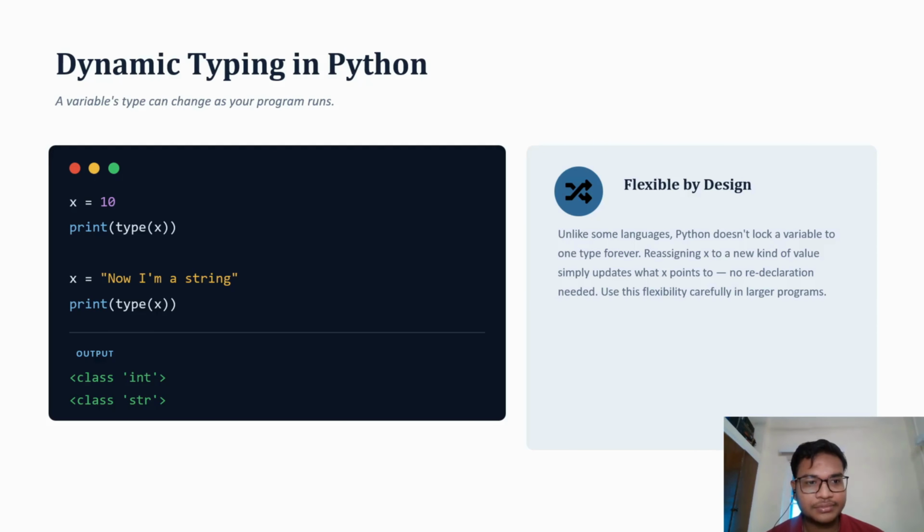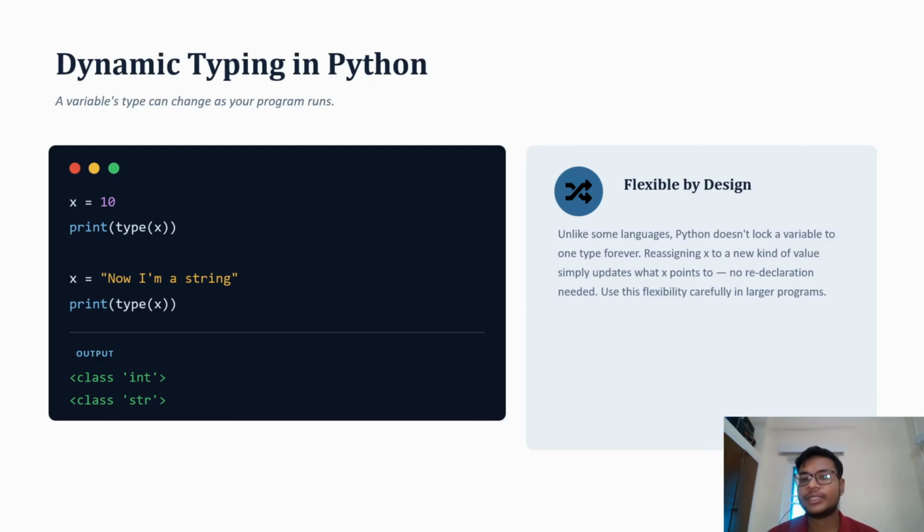Now, dynamic typing in Python. What do you mean by dynamic typing in Python? A variable's type can change as your program runs. Like if x equals 10, print type of x, and then x equals I am a string, and print type of x. At the point of running, the value with its type will be assigned.